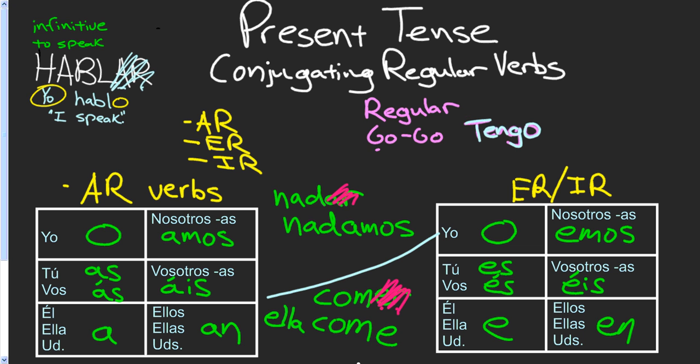There are also stem-changing verbs, such as jugar, which in the yo form becomes juego, not simply jugo, but juego. And we also have irregular verbs.